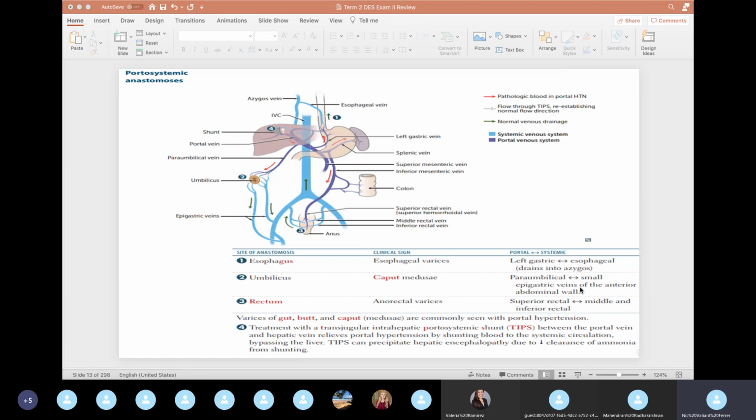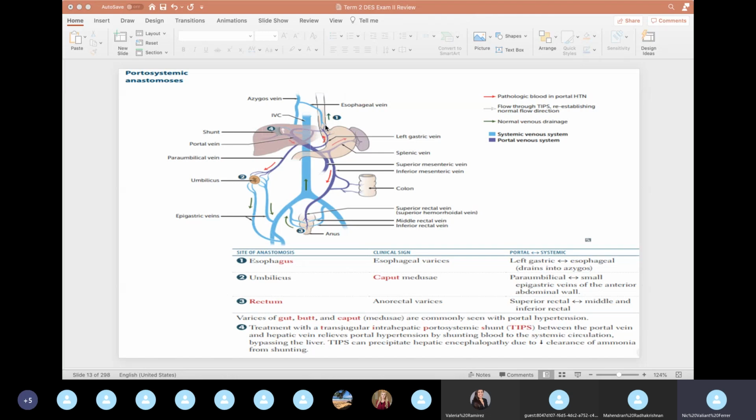So you need to know the site of anastomosis, the clinical sign, and what veins are involved. Okay, so first, what veins and arteries are involved? So first is the esophagus. So the esophagus is here. You can see that one. So the clinical sign is esophageal varices.